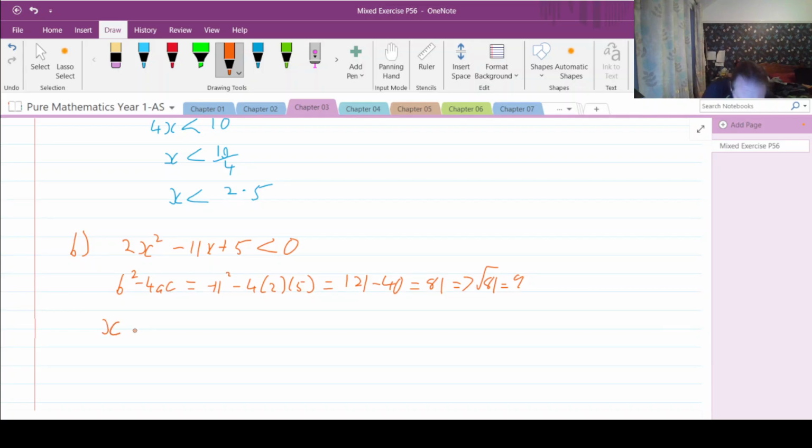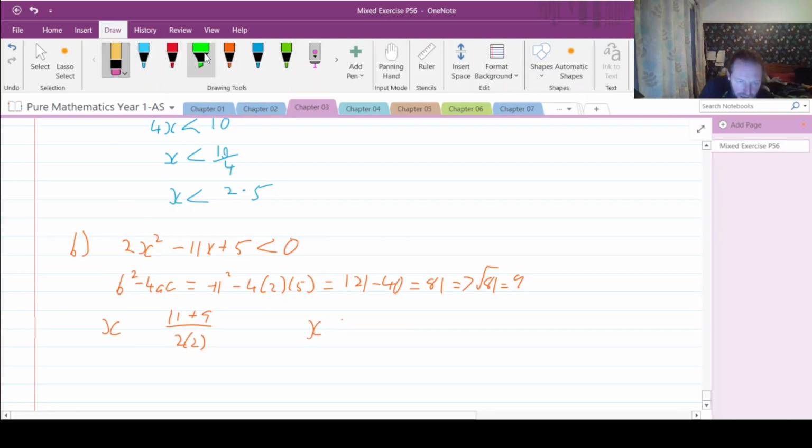So x is equal to minus b, so that's plus 11, plus 9 over 2 times 2. We'll work out the greater thans in a second.